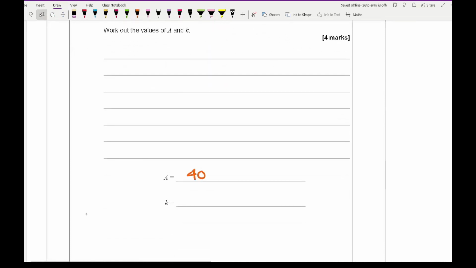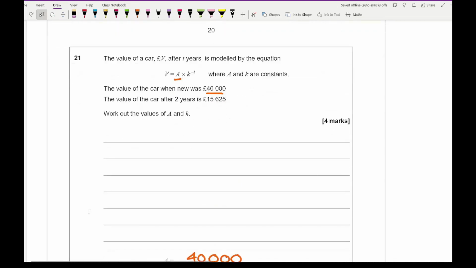So A is 40,000. Now to work out K, we need to substitute for this value here. We know V equals 15625, and we know that t equals 2. So if I substitute those two values into this formula, I get 15625 equals 40,000 multiplied by K to the power of minus 2.